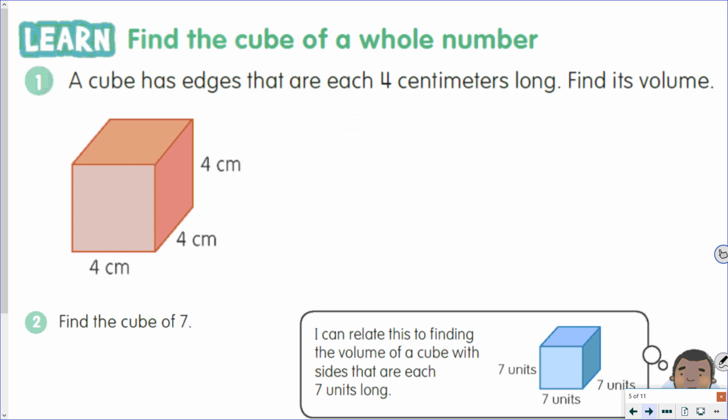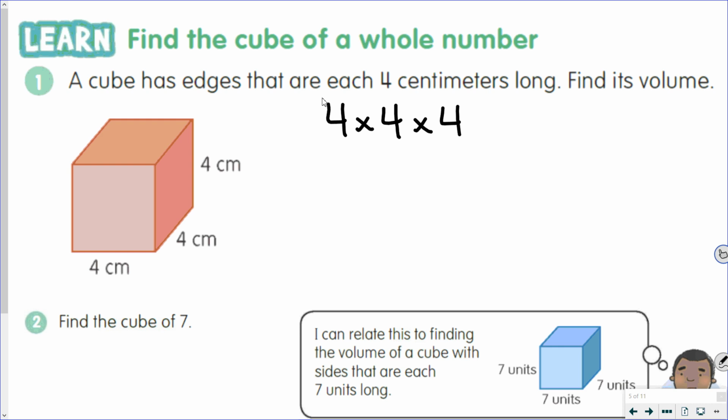So now we're going to add a dimension, and we're going to go from squares to cubes. And we know that cubes are constructed of squares, which means, once again, all of the dimensions are congruent. So if we're finding the volume of a cube, we take length times width times height. Well, if it's a cube, the length, the width, and the height are all going to be the same.